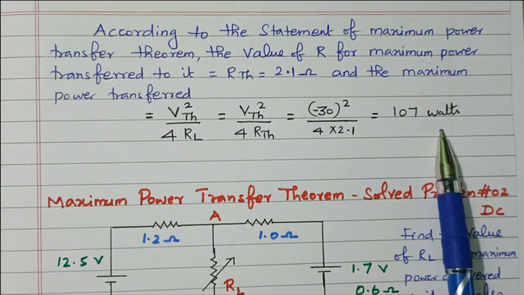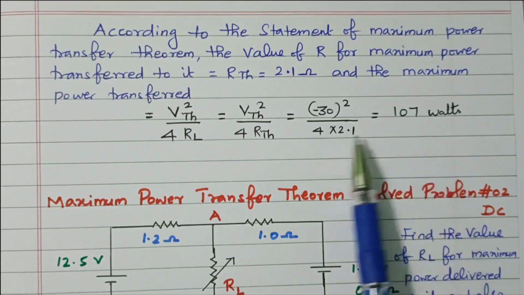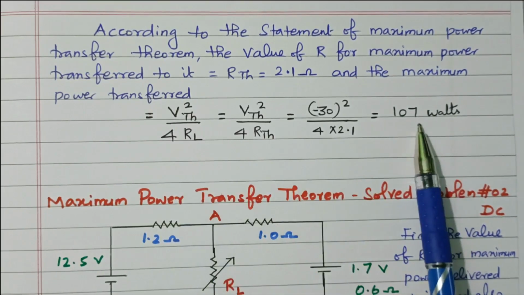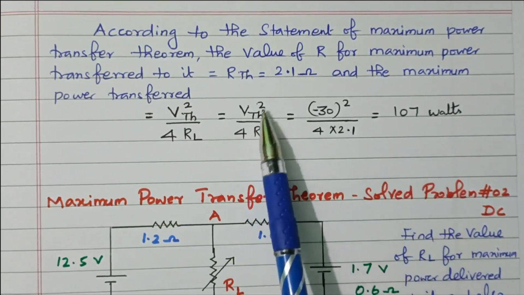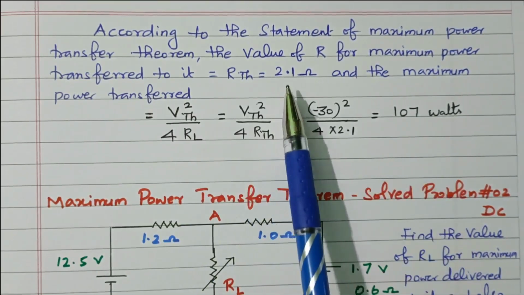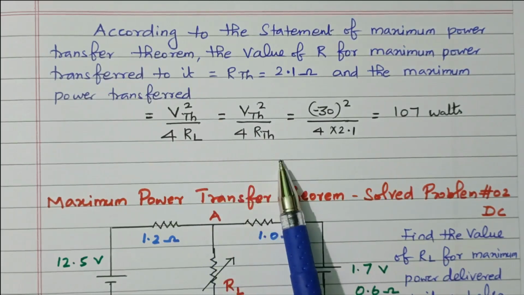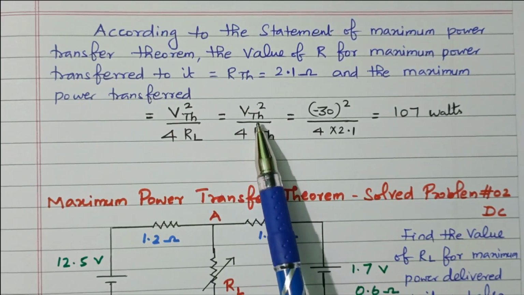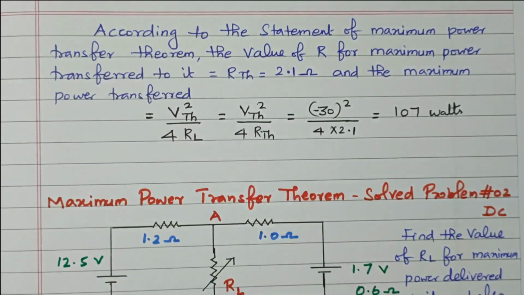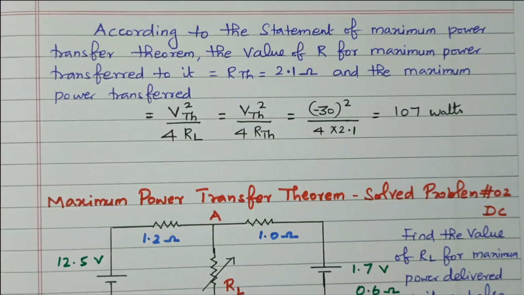So in this we need to calculate two parameters. One is the maximum power delivered to the load and the other is the load resistance. Load resistance is nothing but 2.1 ohm, because load resistance and Thevenin resistance are both equal. So we calculated V Thevenin and R Thevenin. In this problem we used the maximum power transfer theorem.